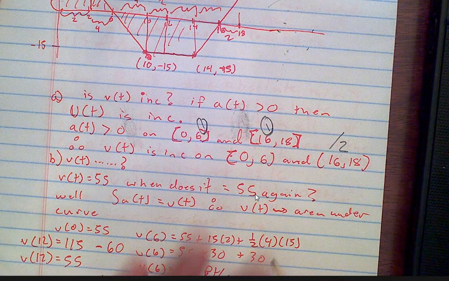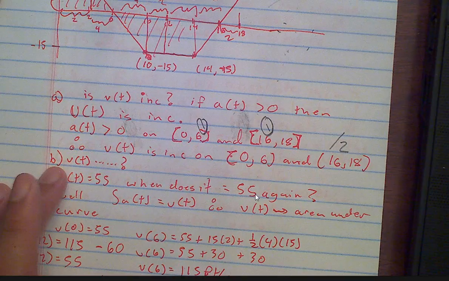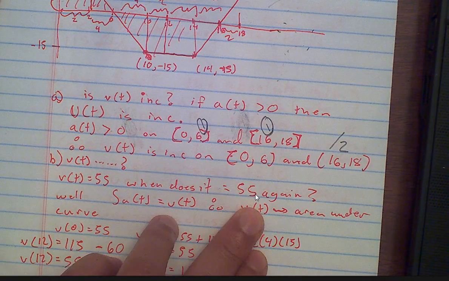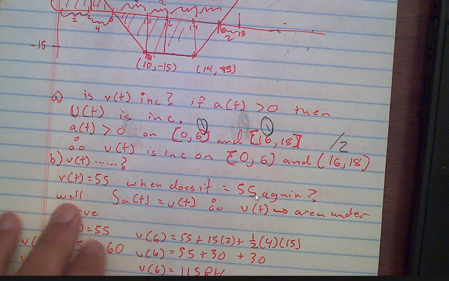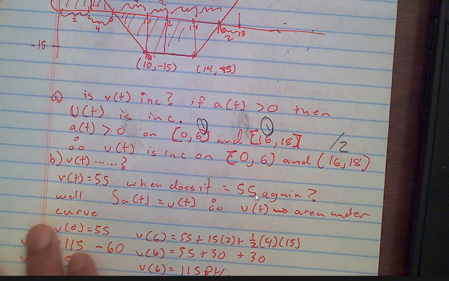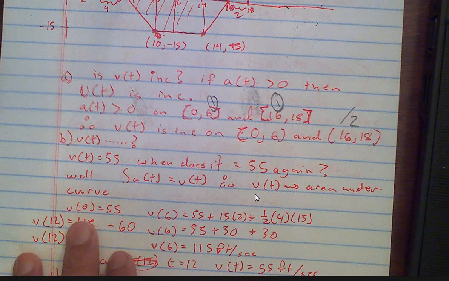Alright, so now we're being asked for the velocity. When does it equal 55 again? Well, it starts at 55, and we know the integral of the acceleration is the velocity, so the velocity is basically the area under the curve, and it starts at 55.